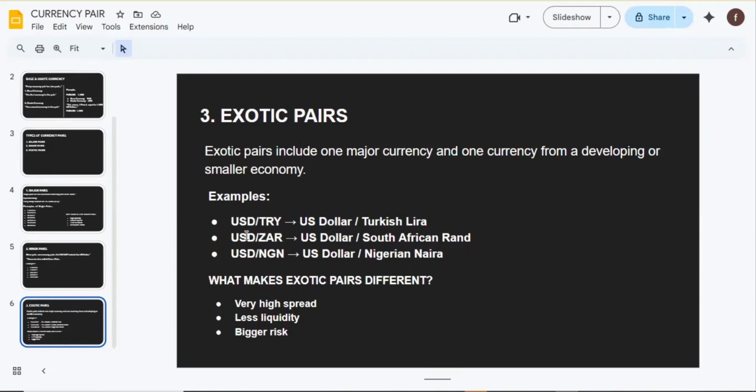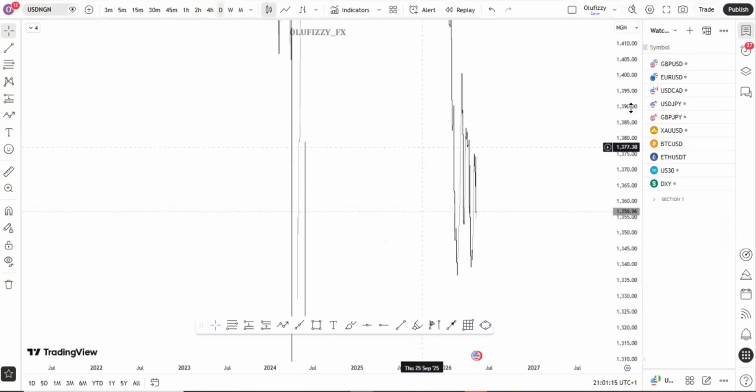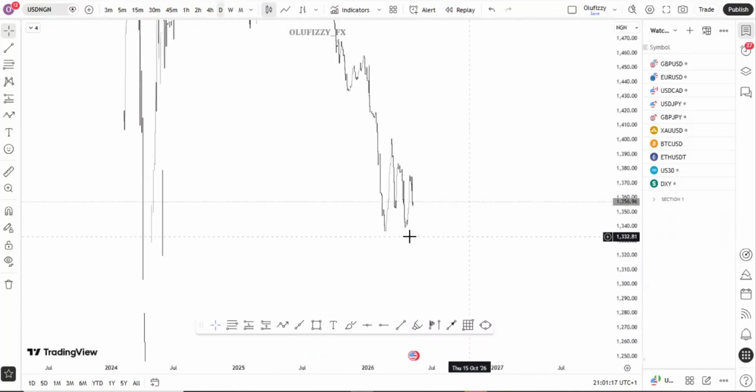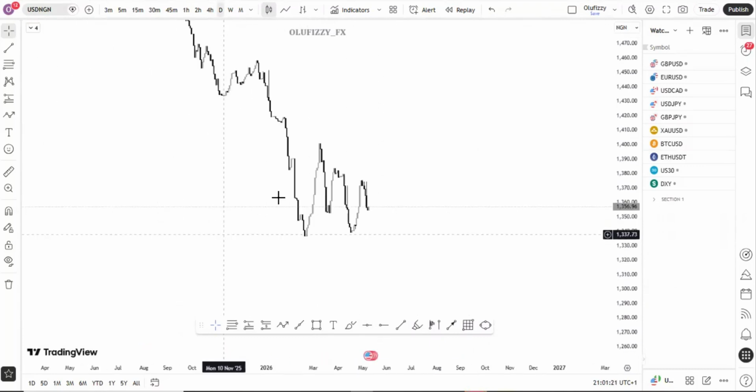Most of these pairs, you can't really trade them. It's not advisable to trade them. Let's go back to USD NGN. You see the price action there. There's no way you can actually trade this particular pair. That's the reason why you should just ignore those exotic pairs.